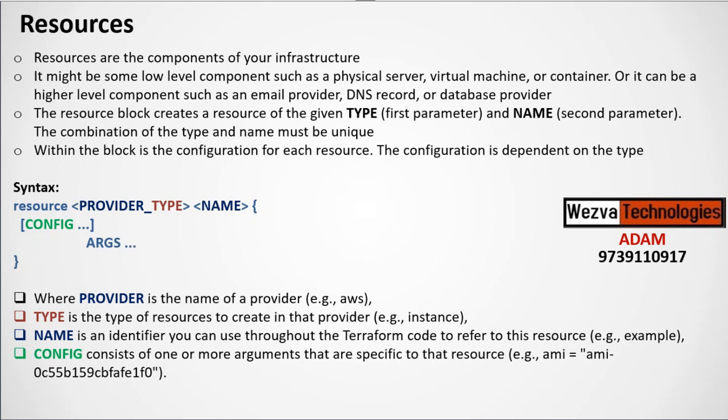Now, when you are defining a resource block, you will always give the keyword resource, followed by the resource type associated with the provider. A resource block is specific to a provider, because if you want to create a machine in AWS, the resource is called EC2. If you want to create a machine in Azure, the resource is called VM.